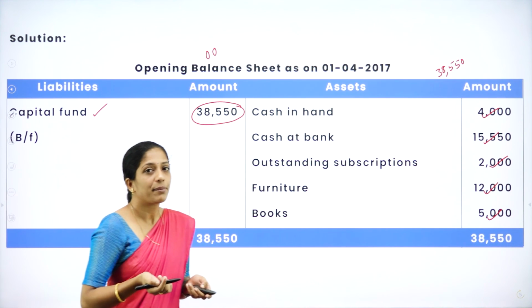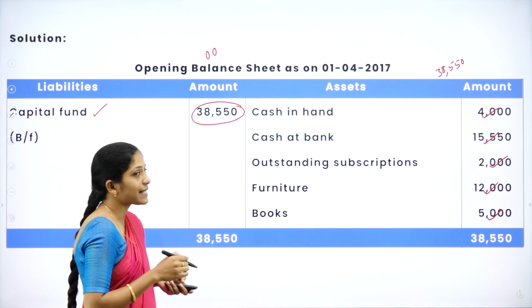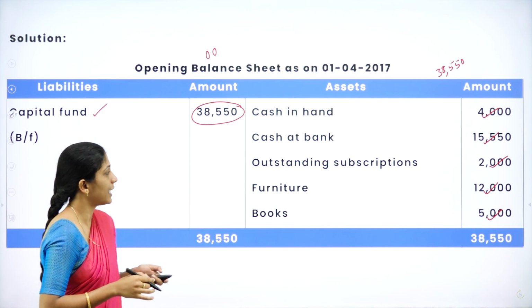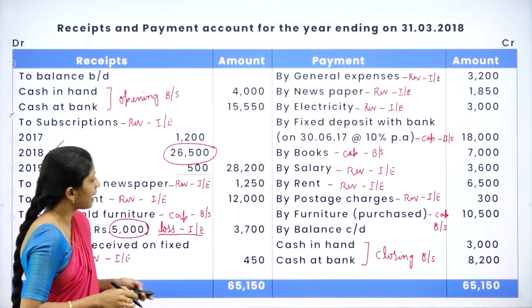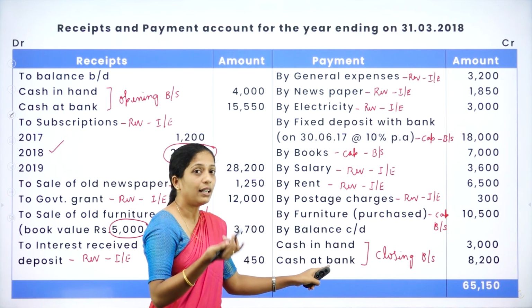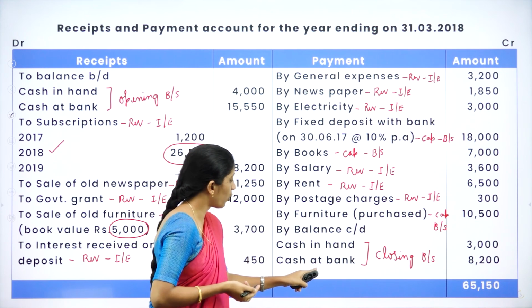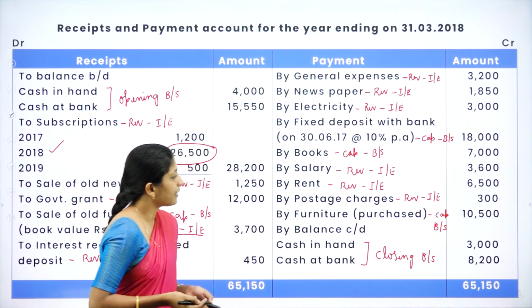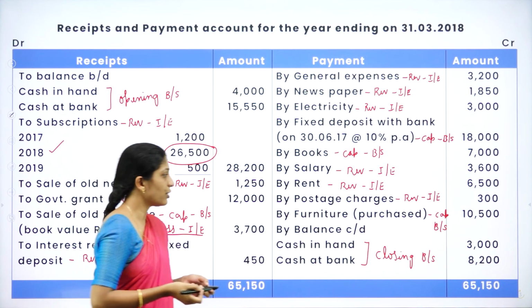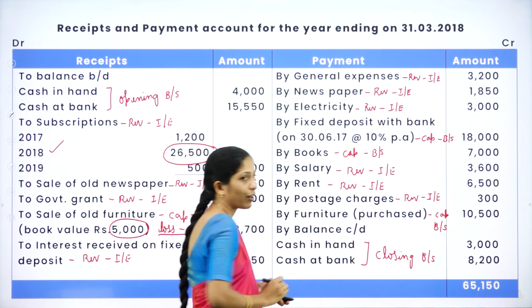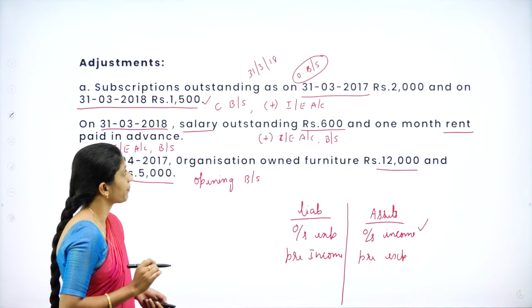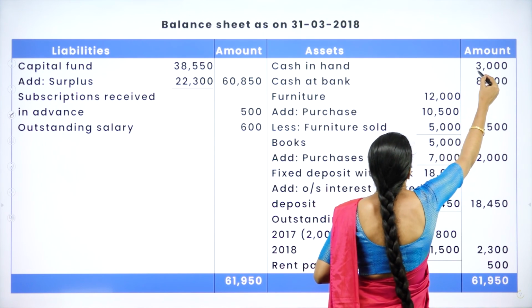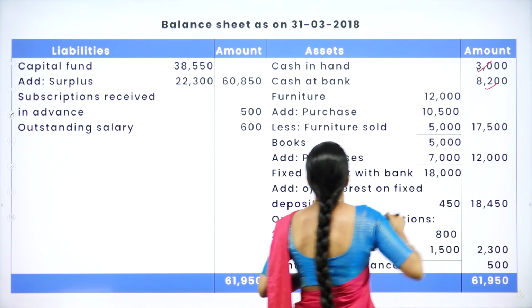No. Under the receipts and payment account, the closing balance of cash in hand and cash at bank has to be recorded in the closing balance sheet. That is by balance carried down, cash in hand 3,000, cash at bank 8,200. So cash in hand 3,000, cash at bank 8,200.